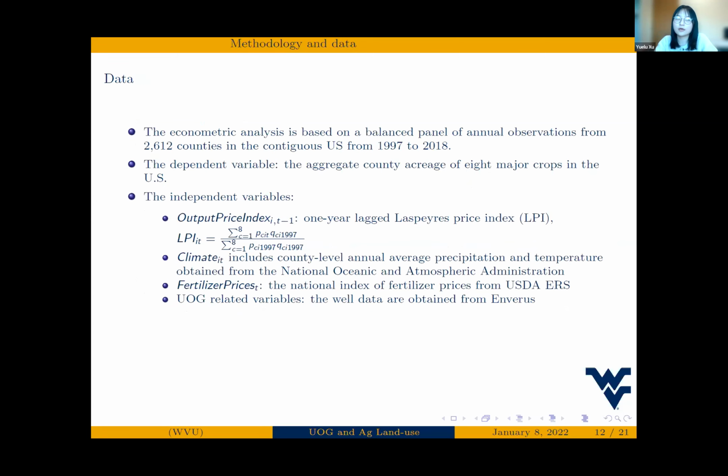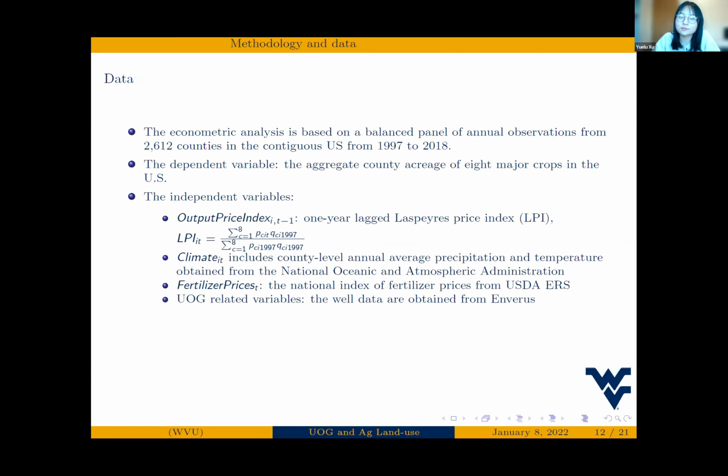The econometric analysis is based on a balanced panel of annual observations from 2,612 counties in the US from 1997 to 2018. The dependent variable is the aggregate crop acreage of 8 major crops, including barley, corn, cotton, oats, peanuts, rice, soybeans, and sorghum.